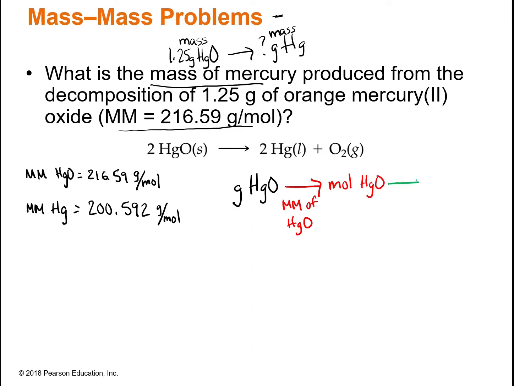Then we're going to take those moles of mercury 2 oxide and convert them to moles of mercury. This is using a mole ratio. So we need to make a mole ratio from the chemical equation that tells us how many moles of mercury for how many moles of mercury 2 oxide. The final piece is taking the moles of mercury and converting to grams of mercury using the molar mass.